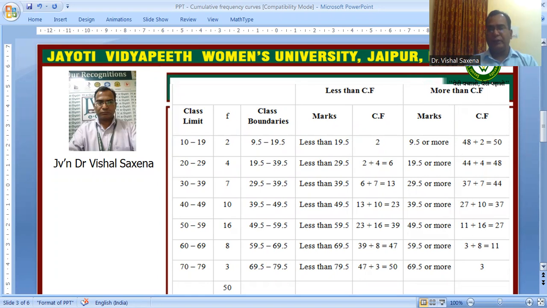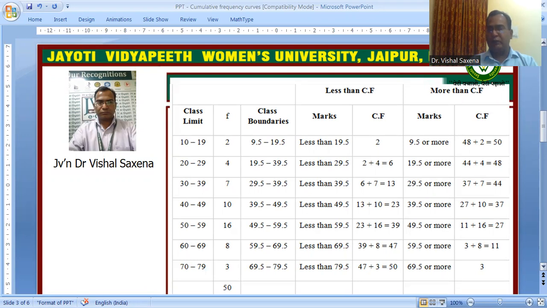So we can observe that in the first class interval, 10 to 19, when we subtract 0.5 from the lower limit, it becomes 9.5, and in the upper limit, because 0.5 is added, it becomes 19.5. In the next class interval, 0.5 is subtracted from 20, so it becomes 19.5, and 0.5 is added to 29, so it becomes 29.5.